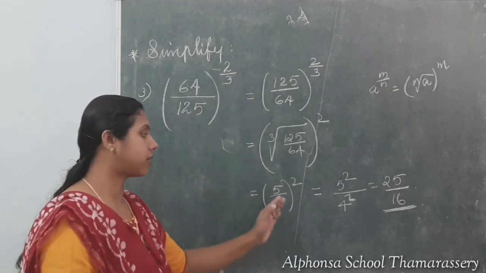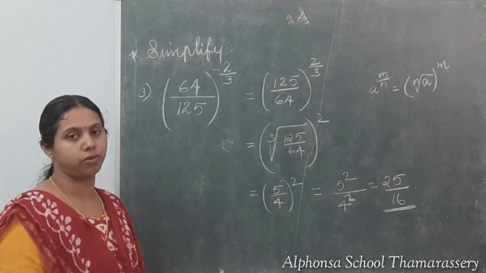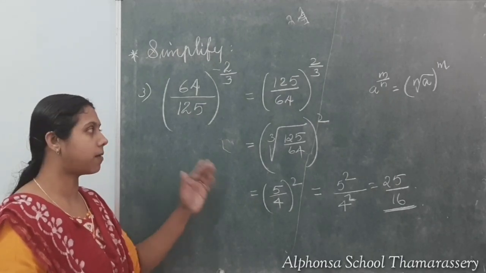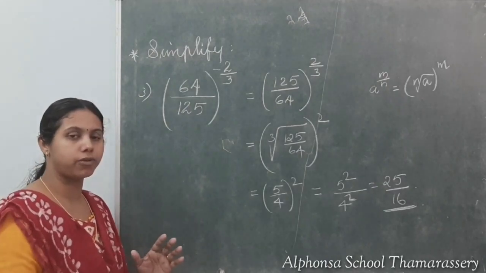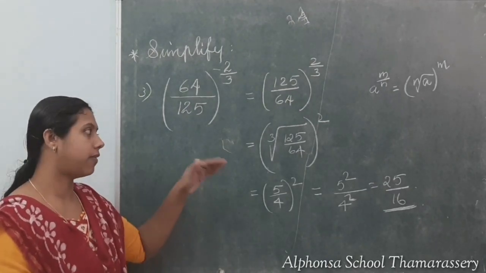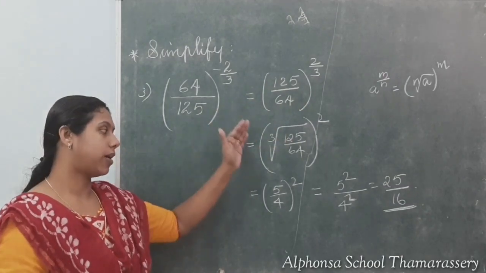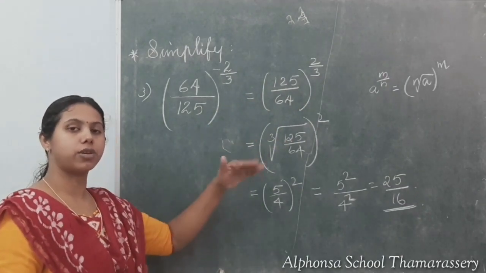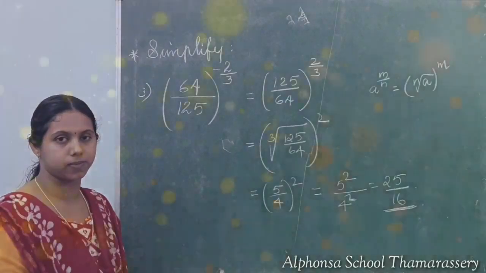Using that you will get the answer 25 by 16. Both ways you can do it. So practice this type of questions in both methods, whichever is convenient for you. If you are able to do it easily using this law, you can practice this way. Otherwise you can practice with the laws we studied in earlier classes.